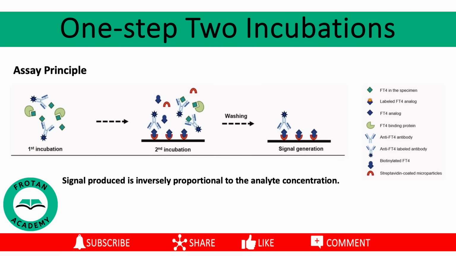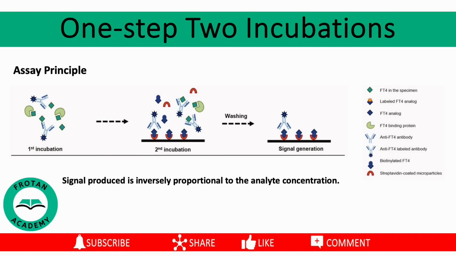The second one-step approach uses a labeled T4 antibody and involves two incubations. In the first incubation, the labeled T4 antibody is mixed with patient sample, and FT4 from the sample binds to the labeled T4 antibodies.